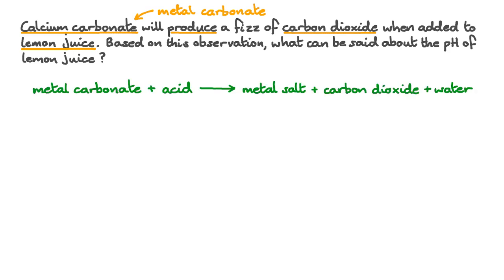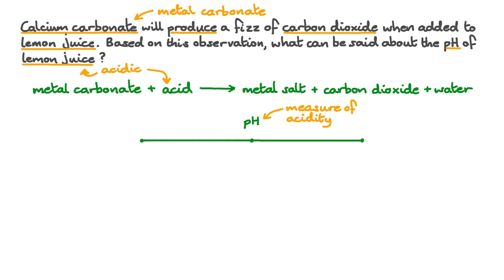This might remind you of the classic reaction of a metal carbonate with an acid, which produces a metal salt, carbon dioxide, and water. There are no observations related to the production of the metal salt or the water because they stay in the liquid, but we do see bubbles of carbon dioxide gas. So the question is pointing us towards the conclusion that lemon juice is acidic.